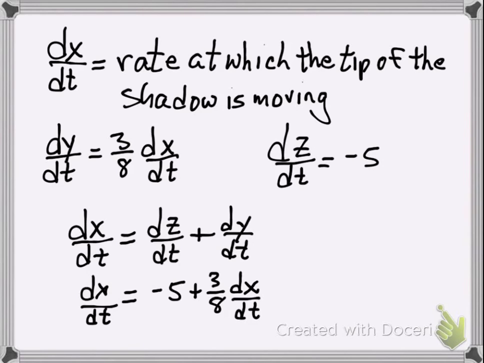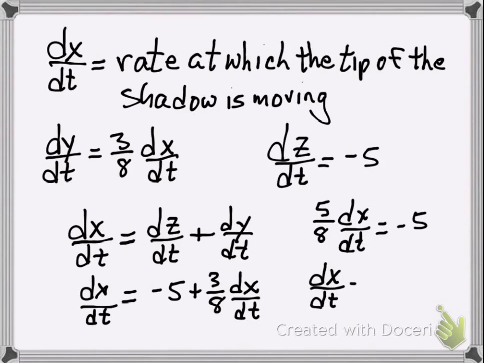Now, if we subtract 3/8 dx/dt from both sides of the equation, we get 5/8 times dx/dt is equal to -5. Multiply both sides by 8/5, and we get dx/dt is equal to -5 times 8/5, which is equal to -8 feet per second. So that's the rate at which the tip of the shadow is moving.